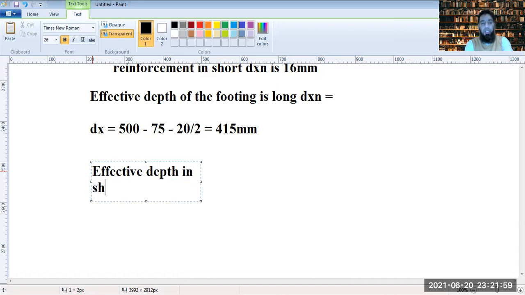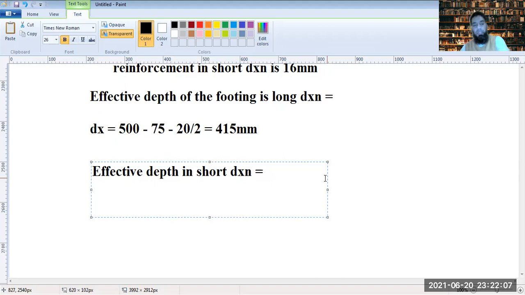Then the effective depth in the short direction would be, how much? If we calculate this dy, that would be again 500 minus. Now the main reinforcement which runs along the long direction is usually provided at the bottom, and the shorter direction reinforcement will be provided above it, in perpendicular and above it.